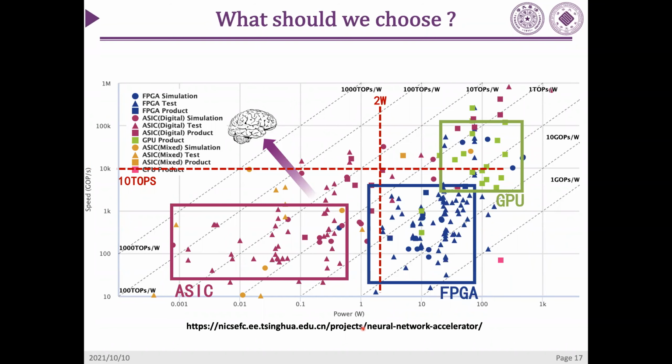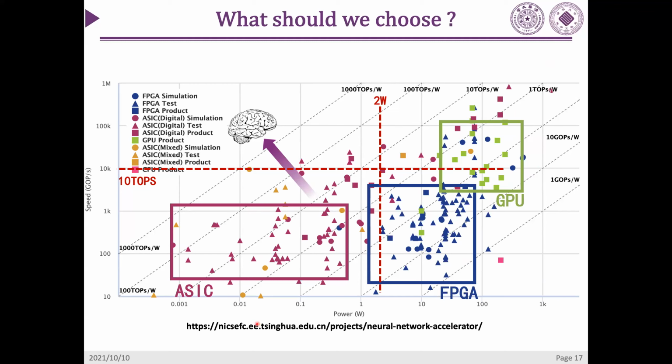And for the x-axis, this is the power. We listed about 200 papers and some industry products on this chart. And we put different colors for different platforms. These are the ASICs, these are FPGAs, and these are the GPUs.